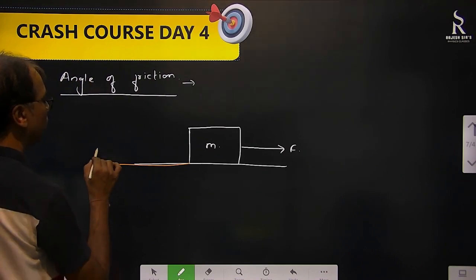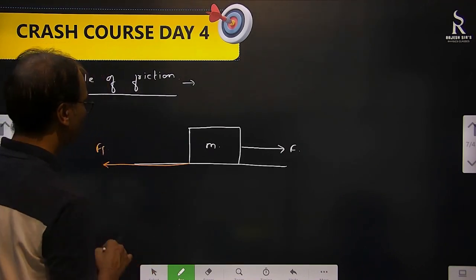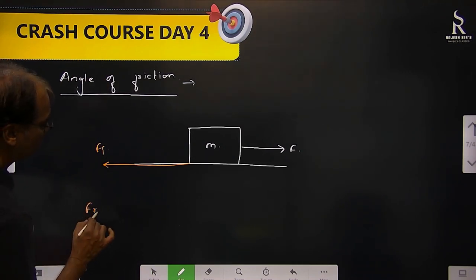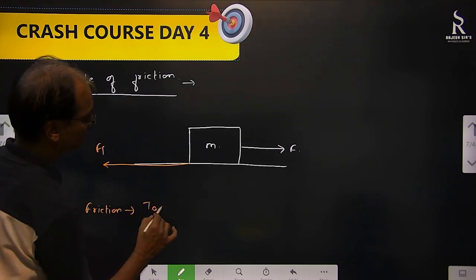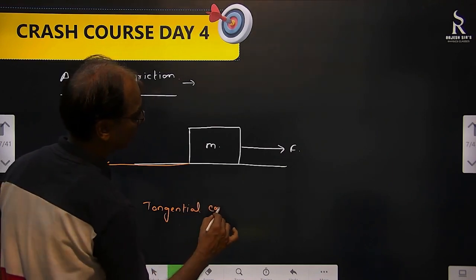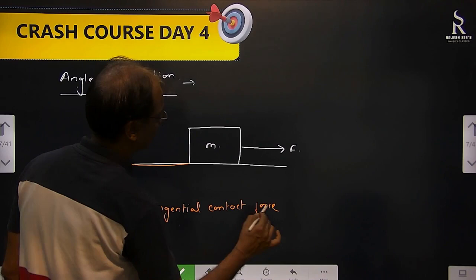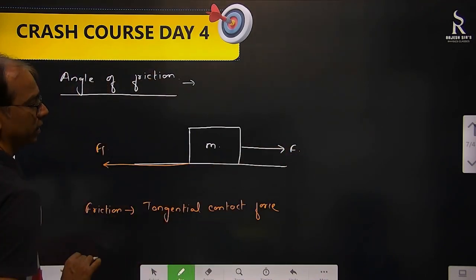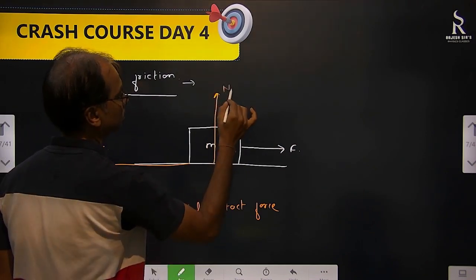Force of friction will always be along the line of contact, because force of friction is tangential contact force. So it's always along the line of contact. Friction will be this side, because you are pulling from this side, friction will be acting back side. Here normal contact force, and here will be mg.